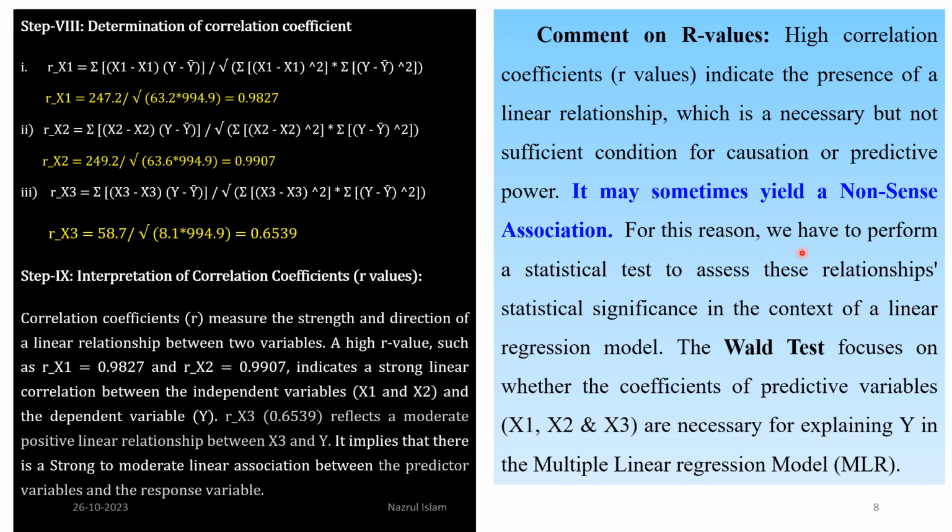For this reason, we have to perform a statistical test to assess this relationship's statistical significance in the context of linear regression model. The Wald test focuses on whether the coefficients of the predictive variables of x1, x2 and x3 are necessary for explaining y in the multiple linear regression model.